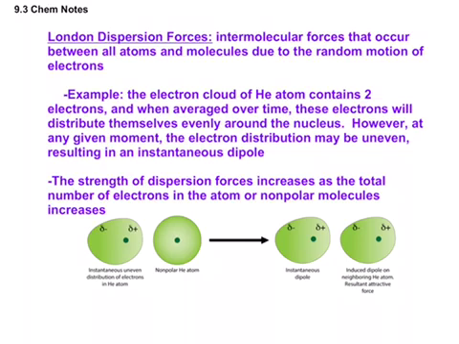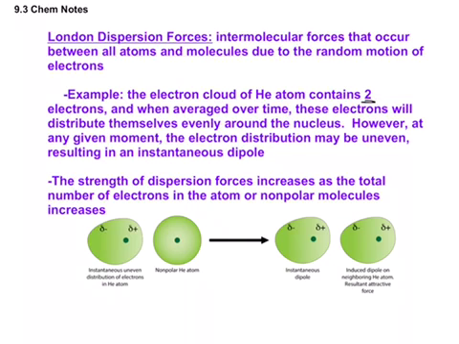London dispersion forces are intermolecular forces that occur between all atoms and molecules due to the random motion of electrons. So in the electron cloud of a helium atom, there's two electrons. When averaged over time, these electrons will distribute themselves evenly around the nucleus. However, at any given instant, that electron distribution may be uneven, resulting in an instantaneous dipole.